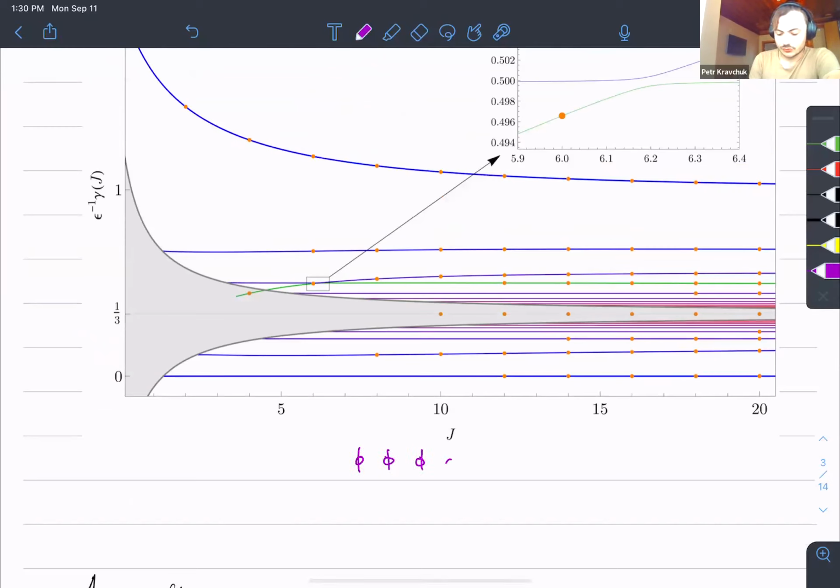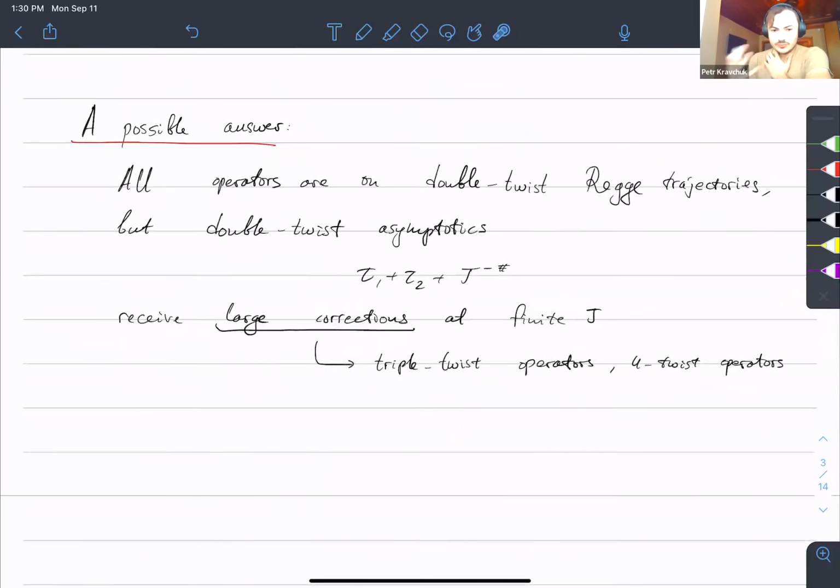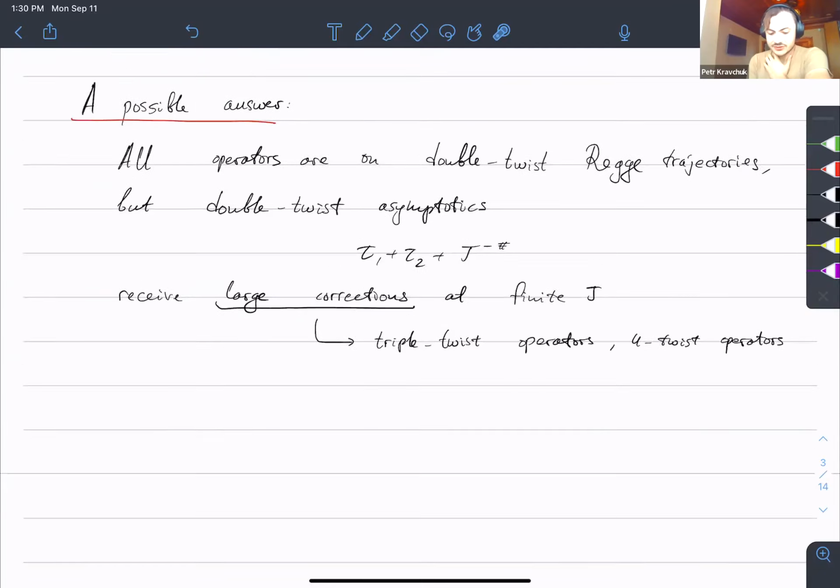So they're built out of 4 phi's with some derivatives inserted. At large spin, you might extract some asymptotics, but at low spin, it might be more useful to look at them remembering that they're built out of 4 phi's. And let me phrase it slightly differently.